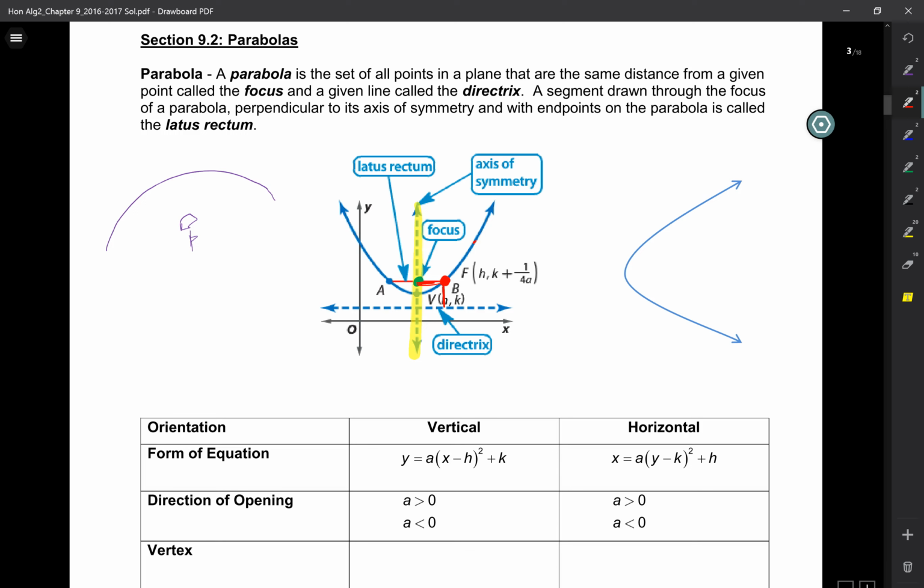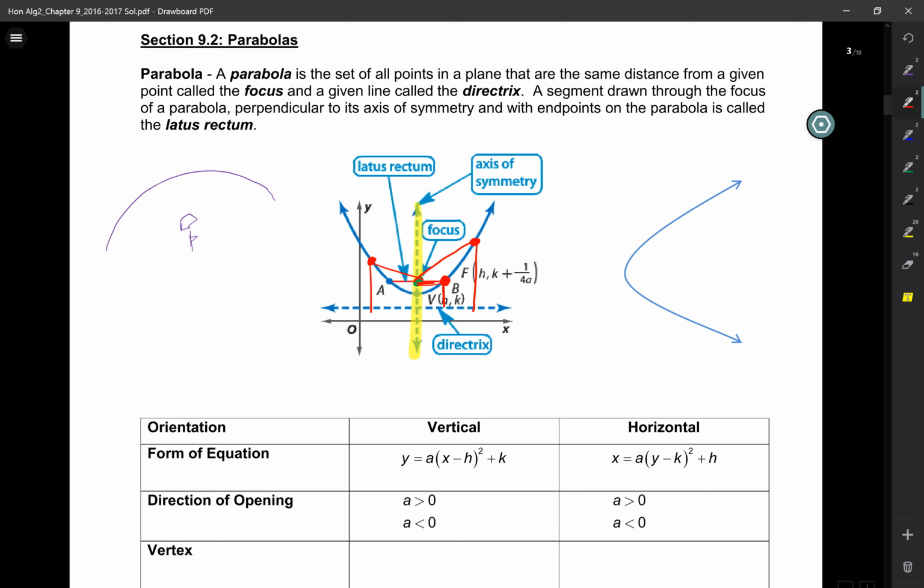If I map a line to the focus and a line to the directrix, it's going to be the same distance. If I take any random point, it's the same distance.